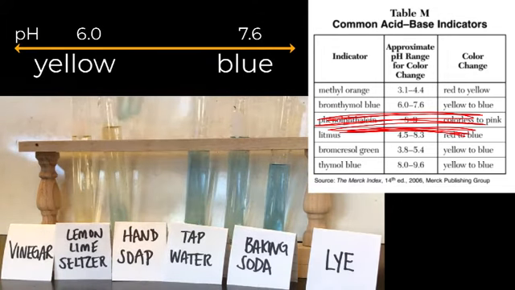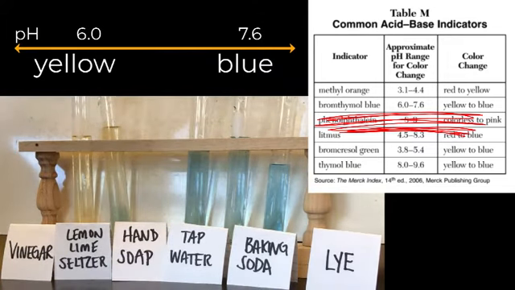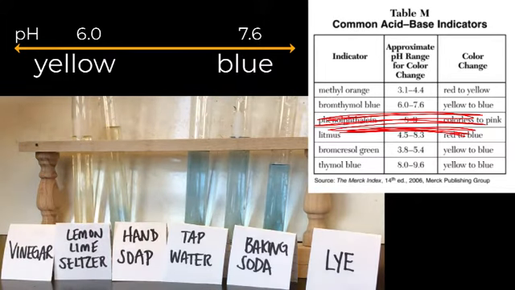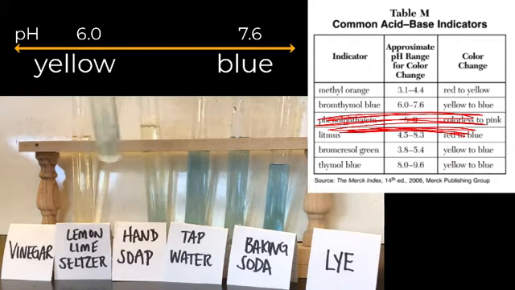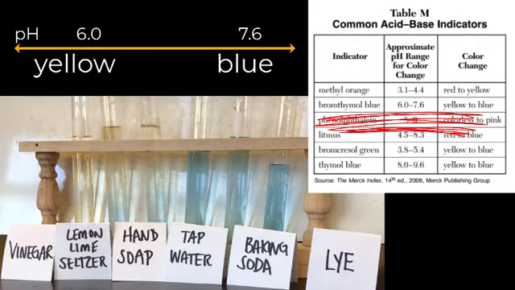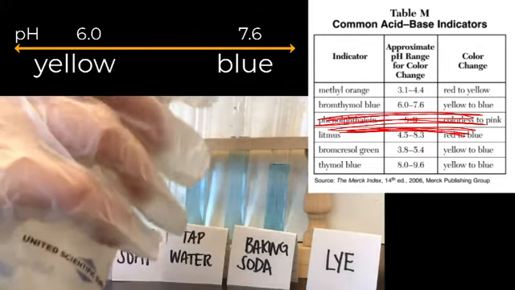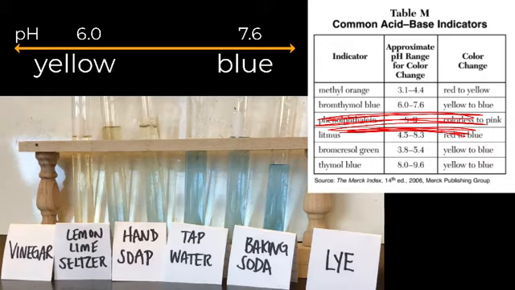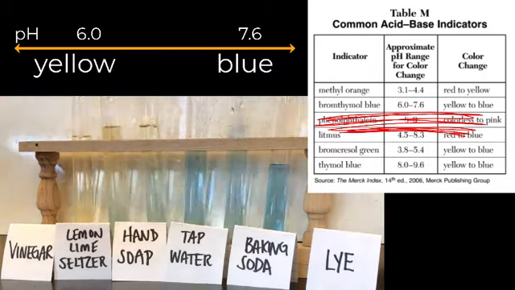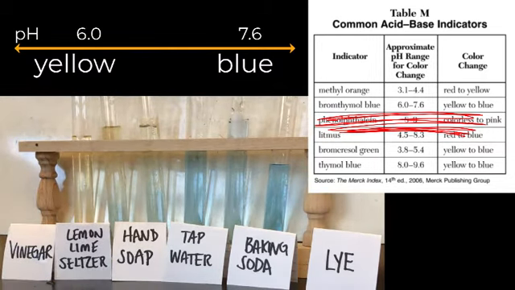You can actually see the color. It's paler at the top as the indicator comes into contact as the dish soap moves down. Tap water, so we'll just add some more tap water. Baking soda, and lye.